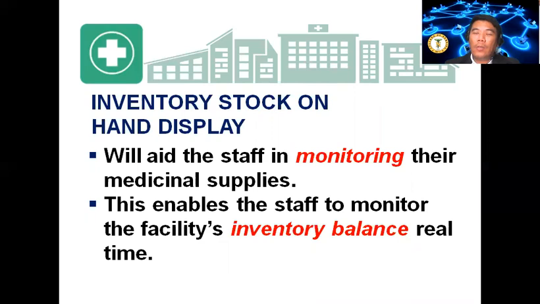The inventory stock on hand display is a real-time inventory system to monitor supplies and inventory balance on a real-time basis, so that it may alert the central supply room or the inventory specialist that sooner or later the stock of a certain drug or supplies will be consumed.